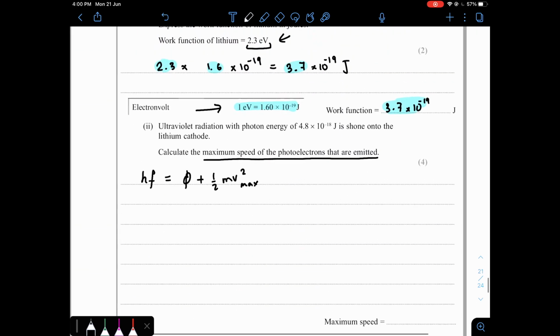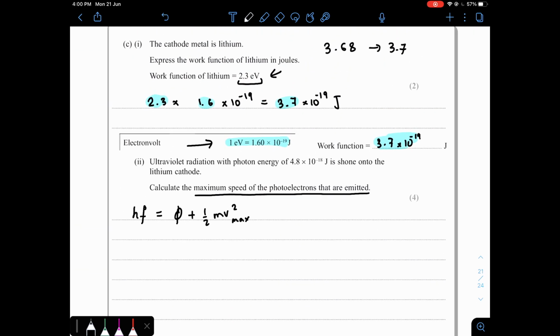So how do you work out v squared? First we have to work out the kinetic energy. If I just highlight it, this is the kinetic energy. So kinetic energy will be hf take away our work function.